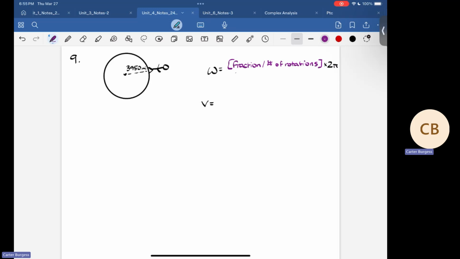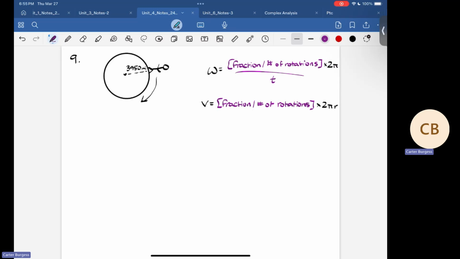This is, again, within a particular time frame. And then for my linear speed, we're going to take that fraction or that number of rotations. And because linear speed corresponds to the circumference, as we rotate, we are traveling around the circumference of the circle. We're going to multiply this by 2 pi r.